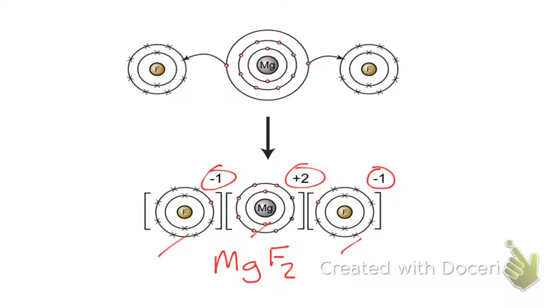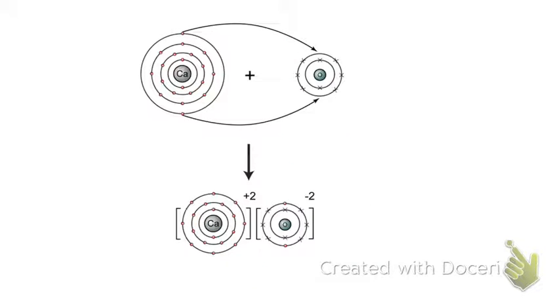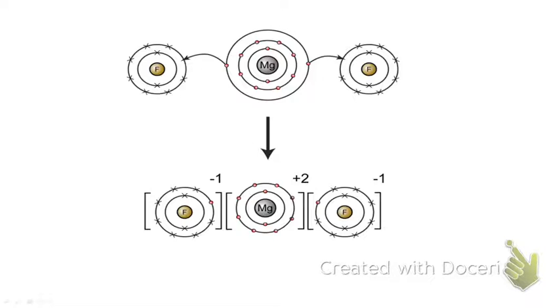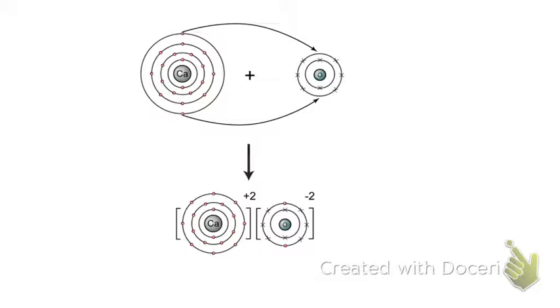And we saw that back here with calcium too. With calcium being a positive 2 and oxygen being a negative 2, those 2 charges canceled out, and so that's why we had a 1:1 ratio of calcium and oxide. Okay.